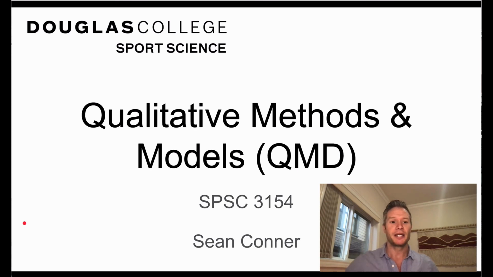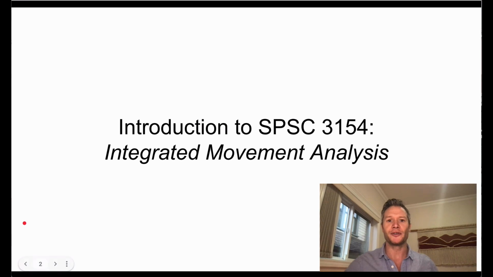Okay. So without further ado, we'll get you introduced to our course goals and how some of this information that we'll cover later in the course is going to support you in developing an integrated movement model, or a process by which you can analyze a particular movement.